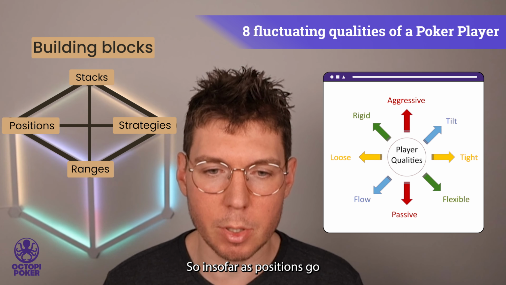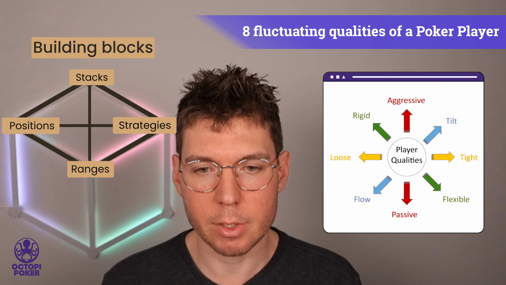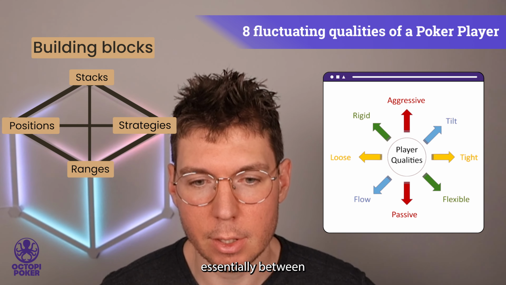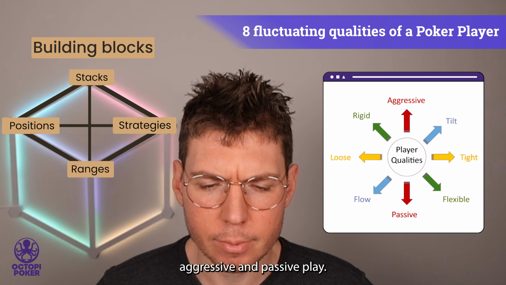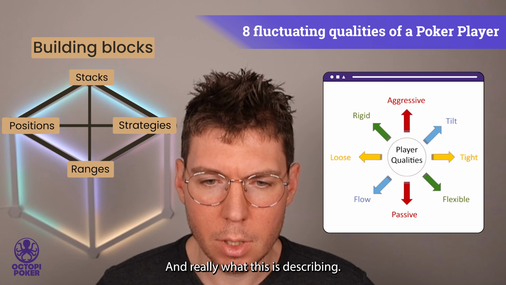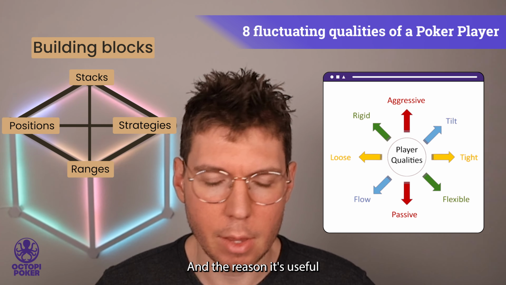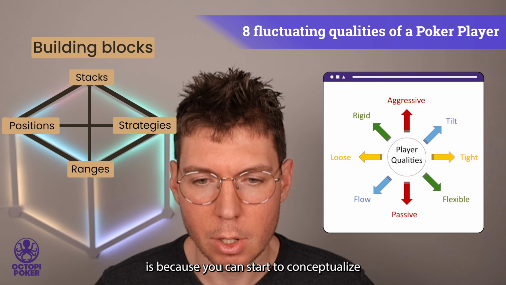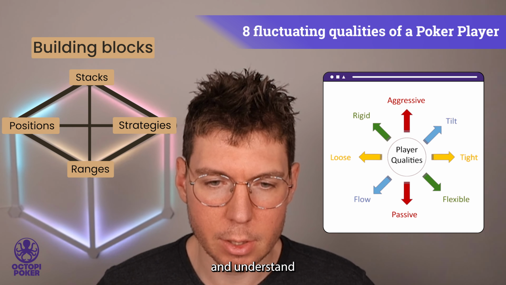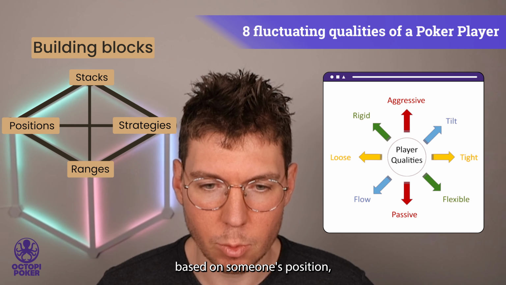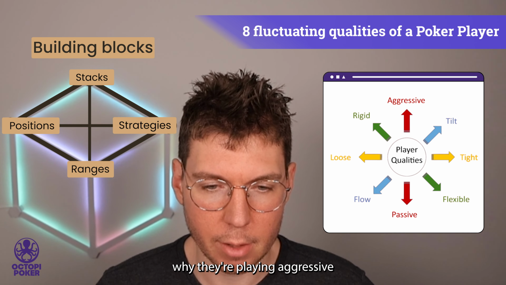Insofar as positions go, we're looking at this duality between aggressive and passive play. What this is describing, and the reason it's useful, is because you can start to conceptualize and understand based on someone's position why they're playing aggressive or passive.